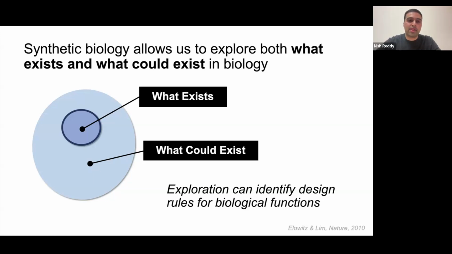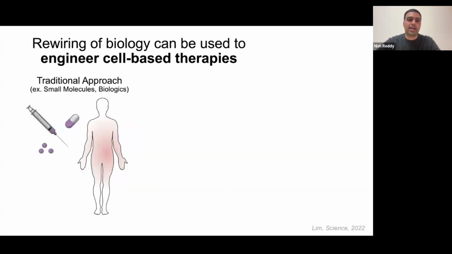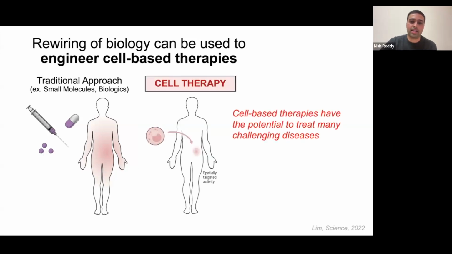We know that cells have several advantages over these traditional modes of therapies like small molecules and biologics, because cells can actually act locally. They can detect particular signals in their microenvironment or other cells and then execute a particular response.